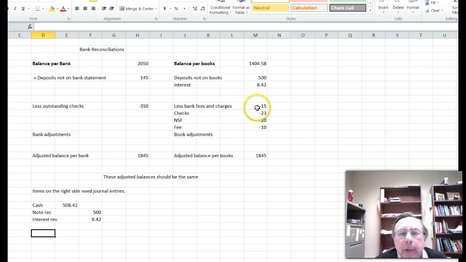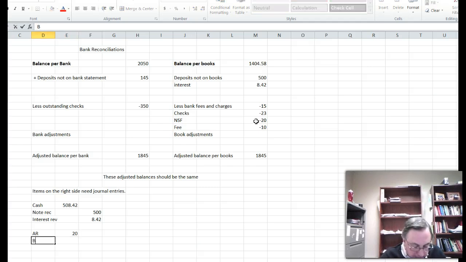And way at the bottom, what do we have? Wow, we got a bunch of stuff. NSF check. NSF is going to go to accounts receivable. So I'm going to debit AR. We thought the guy paid us, but it didn't work out. It's $20 there, and we're also going to get him for the bank fees. So bank fee expense. Got a bunch of those, right? We got 25 and 10.